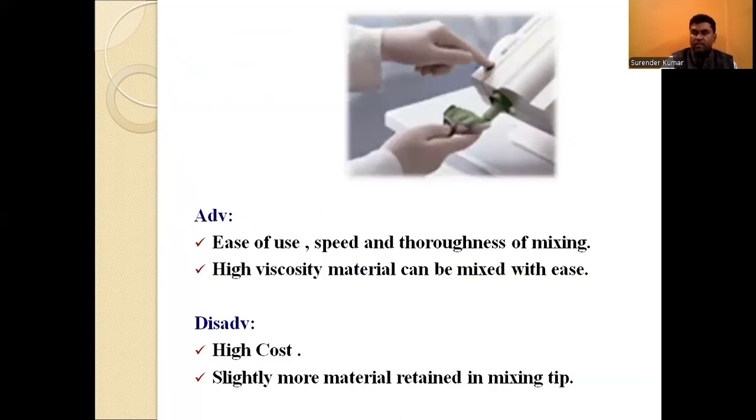So it is quite easy, as you can see. You just have to press the button and the machine will do the mixing for you and it will come out from the tip. Advantages: easy to use, and speed and thoroughness of the mixing. High viscosity materials can also be mixed with ease. But the disadvantage is the high cost and slightly more material retained in the mixing tip.